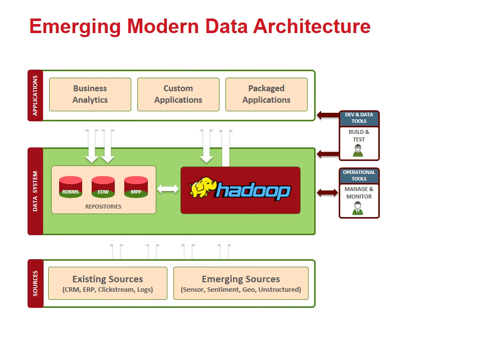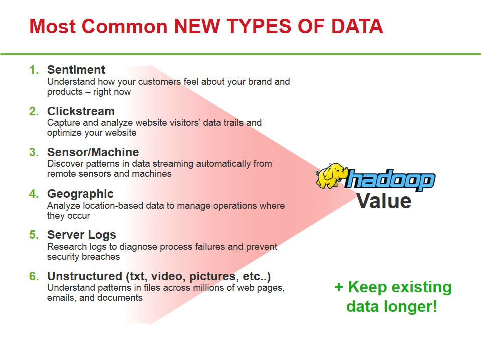So when people get started with Hadoop, they typically start off with what's known as new data types. This is looking at things like sentiment analysis, clickstream analysis, and sensor data, really trying to understand how people are behaving. Now, the interesting thing about the 6 data sources that I've listed in this particular slide is that these aren't really the sorts of data you would traditionally store inside a relational database or an enterprise data warehouse, because of the structure this data maintains.